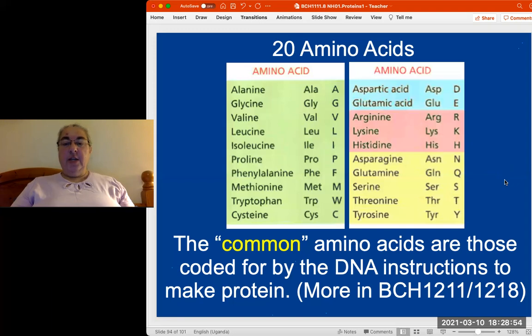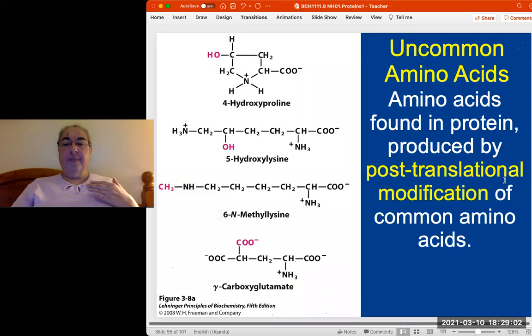Okay, so the 20 common amino acids are the ones that are actually written into proteins by the instructions in the DNA. However, there are also a lot of uncommon amino acids that are not specified by those DNA instructions. And I've got some examples here for you of different ones.